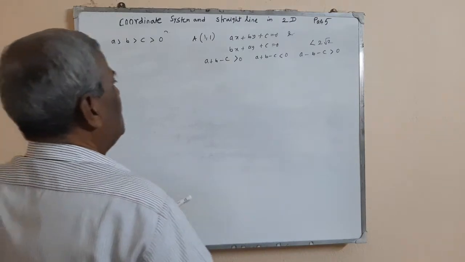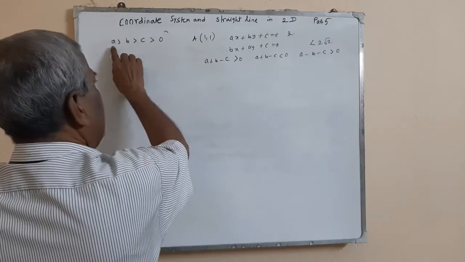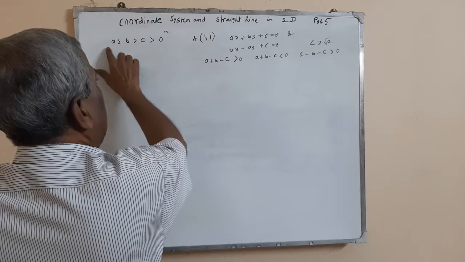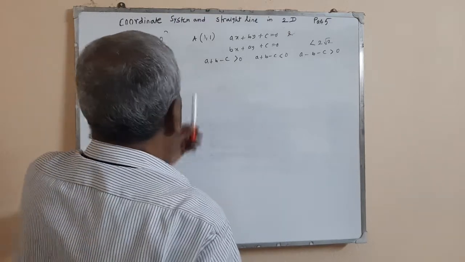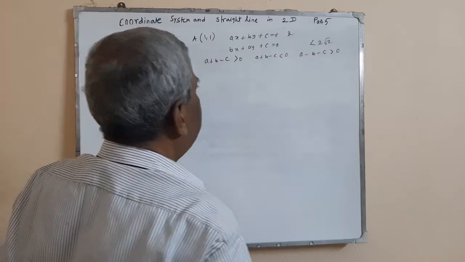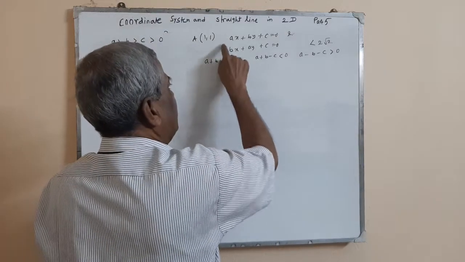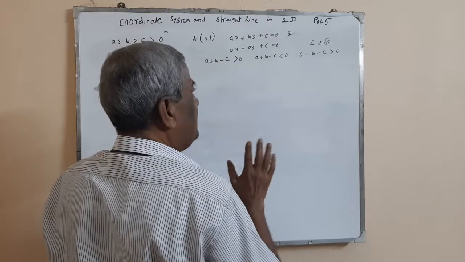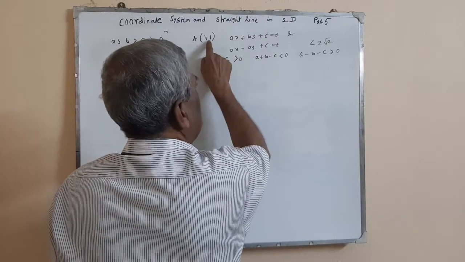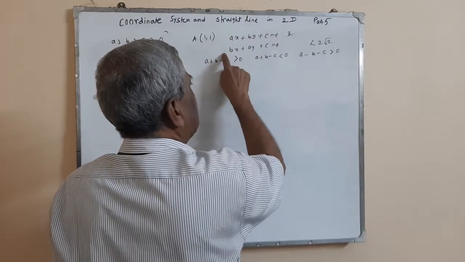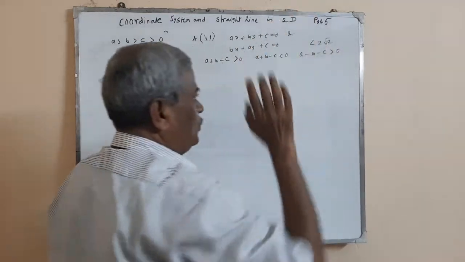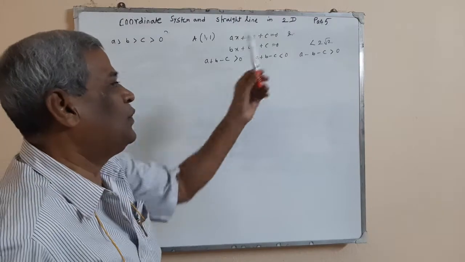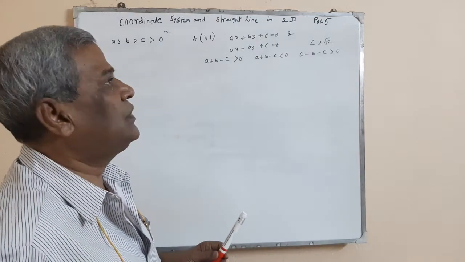Anyway, we are given that the unknowns are A, B, C. A is the point (1, 1) and two straight lines are there. It is given that the distance between this point and the point of intersection of these two straight lines is less than 2 into root 2. Then which condition is true?